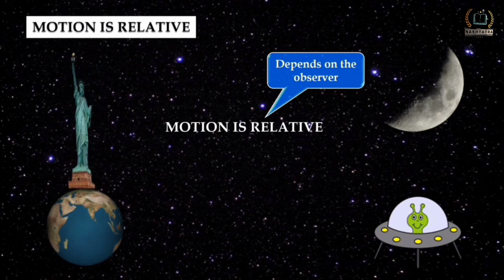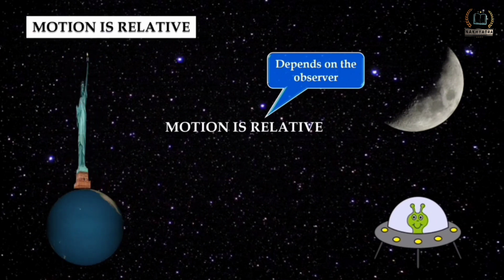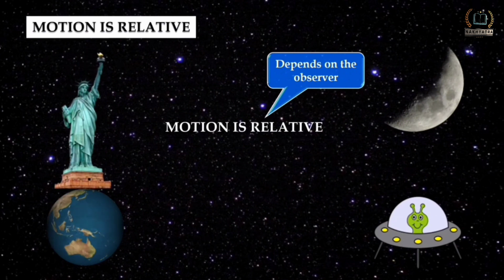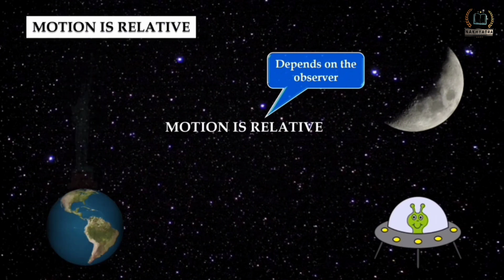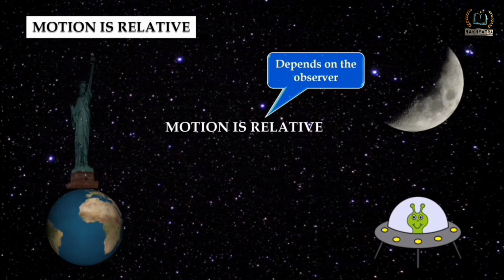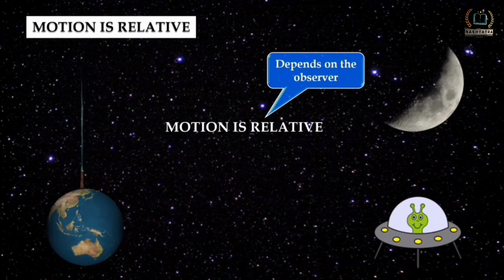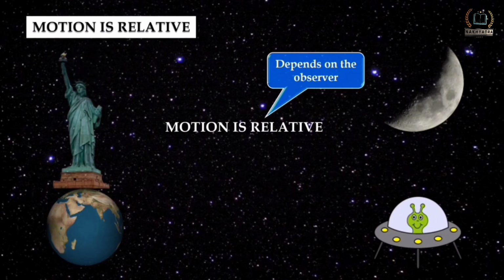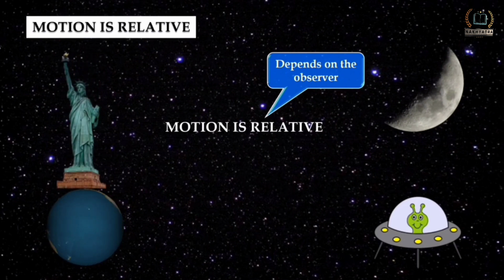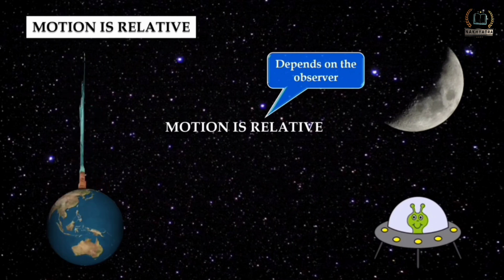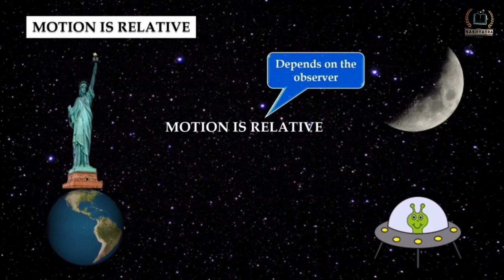Consider yourself in a train, and the train is moving at a certain speed. Now that speed according to another passenger sitting on that train is 0. So that is called motion is relative. Relative motion is the measurement of an object's motion with respect to any other object that is moving or stationary, meaning not moving.